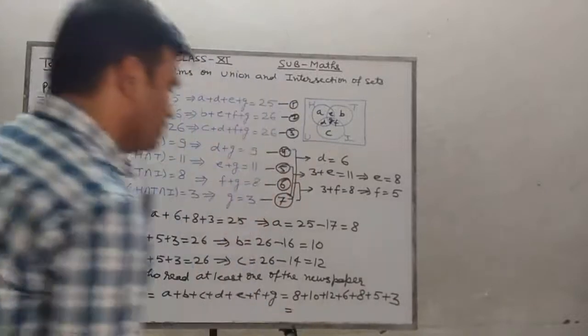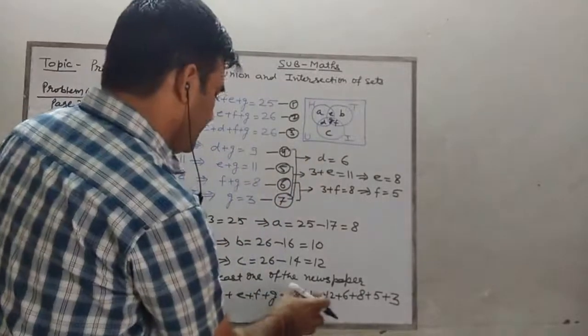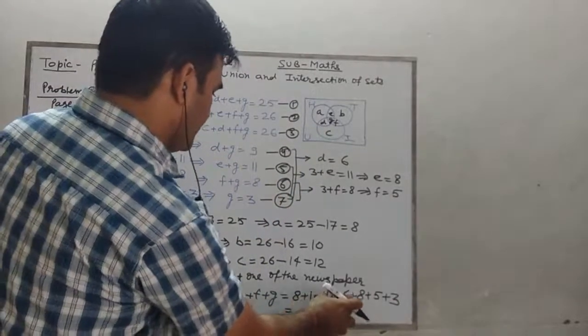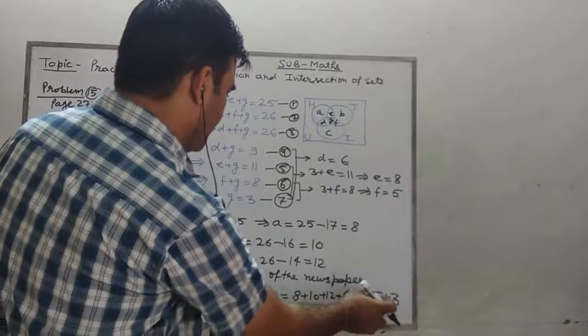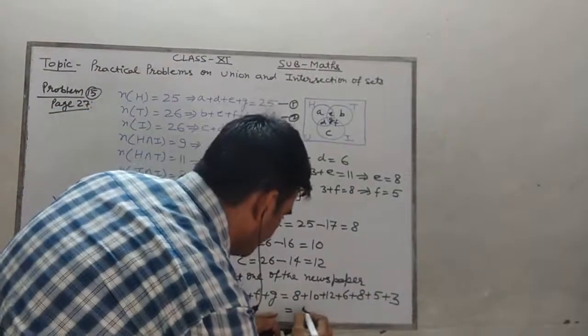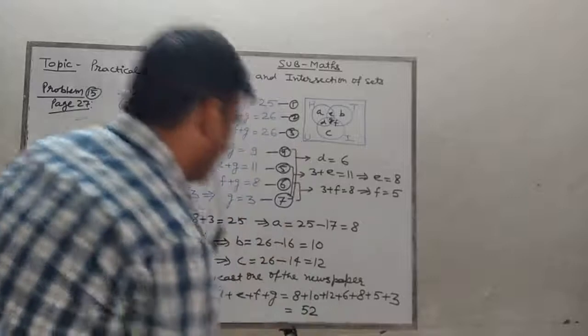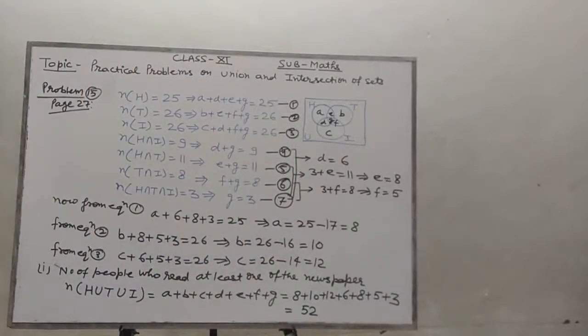So this is equal to 18 plus 12, 30, then 44, and 6, 50. So the number of people who read at least one of the newspapers is 50.